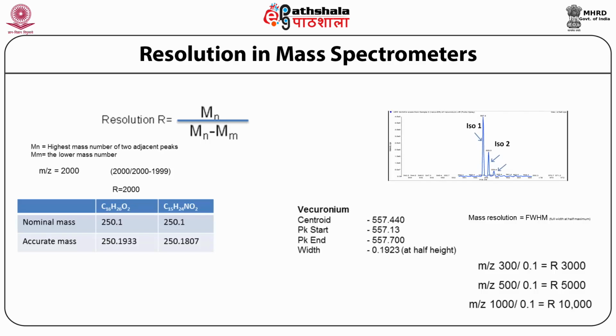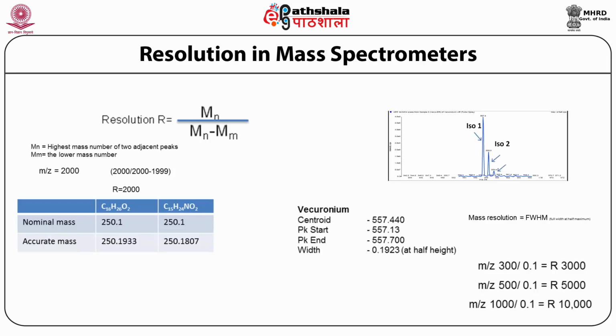But this is a theoretical calculation. When it comes to mass spectrometers, how do we do it? When you open the data from the mass analyzer, you will get a centroid mass. It just takes where the peak starts and where the peak ends. For example, in this picture in the top right corner, the peak starts at 557.13 and the peak ends at 557.7 and the centroid is 557.4.